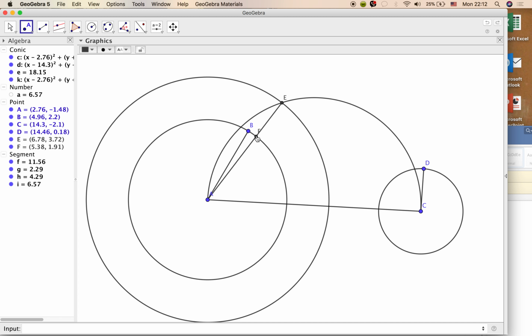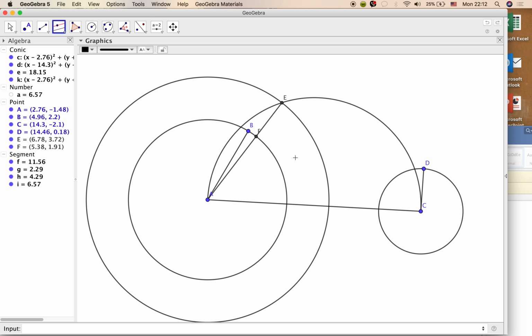Now we can draw the tangent to A through the bigger circle. The key point here is to know that because it's a common internal tangent, it will be perpendicular to our two radii. And if one line is perpendicular to the two radii, that means the two radii have to be parallel.